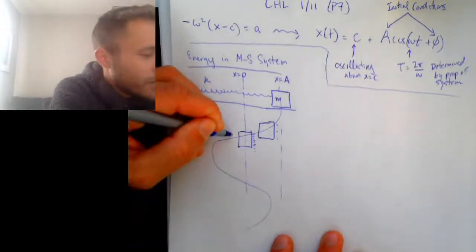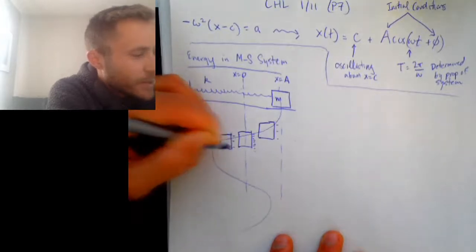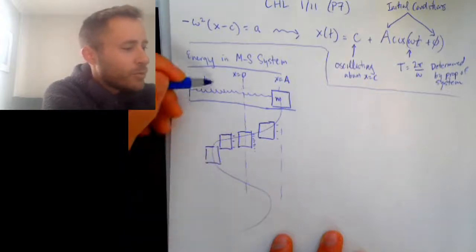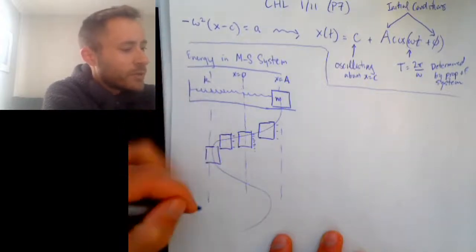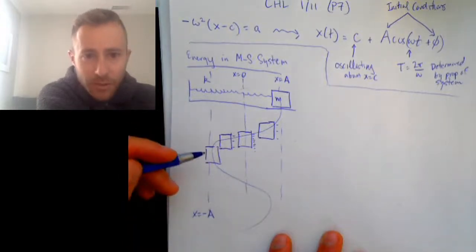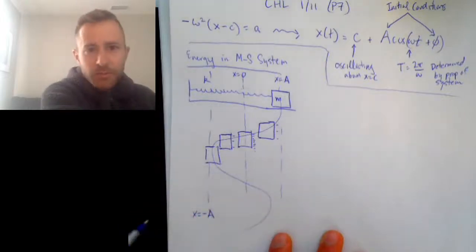Here it's going to start to slow down. And once it gets to the other side, at x equals negative a, it is at rest again. Then the spring pushes it back in the other direction. It goes back and forth.